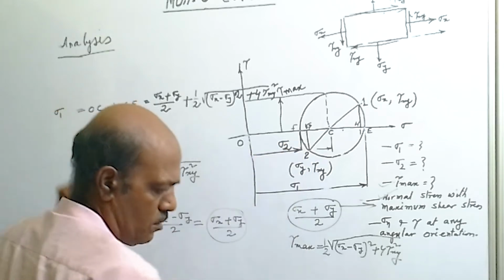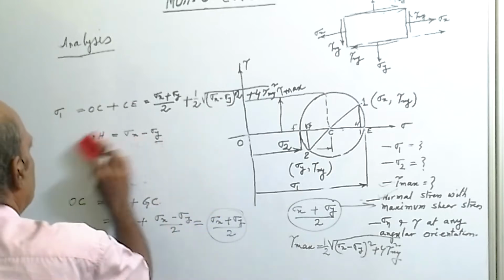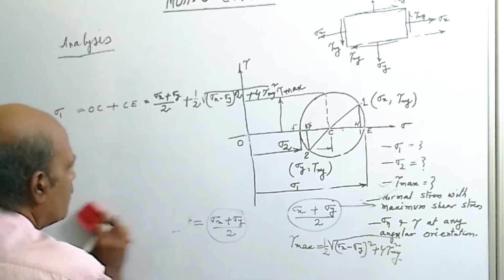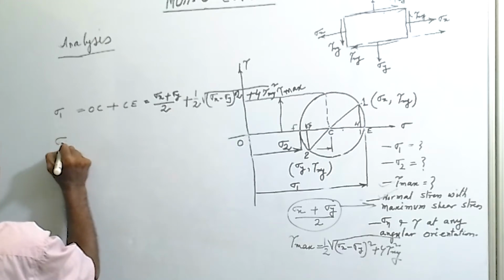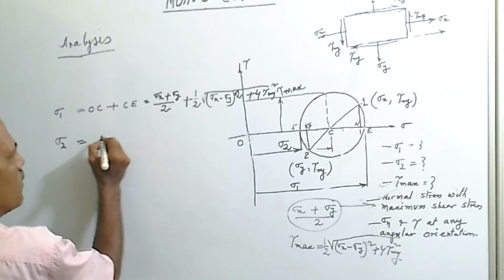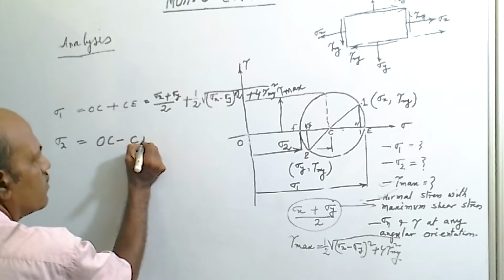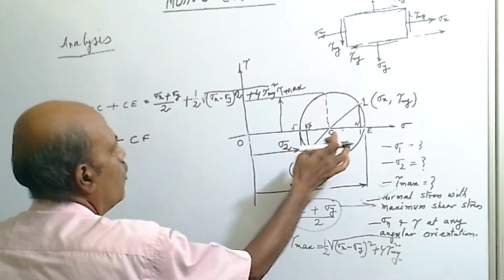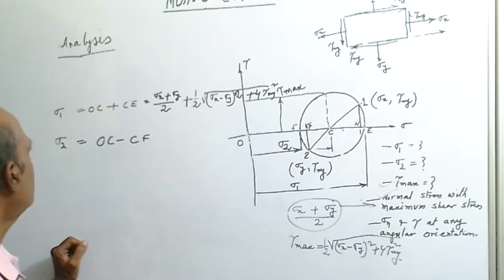Now we will calculate the sigma 2 value. Sigma 2 is equal to OC minus CF. From the figure, OC minus CF will be the sigma 2 value.